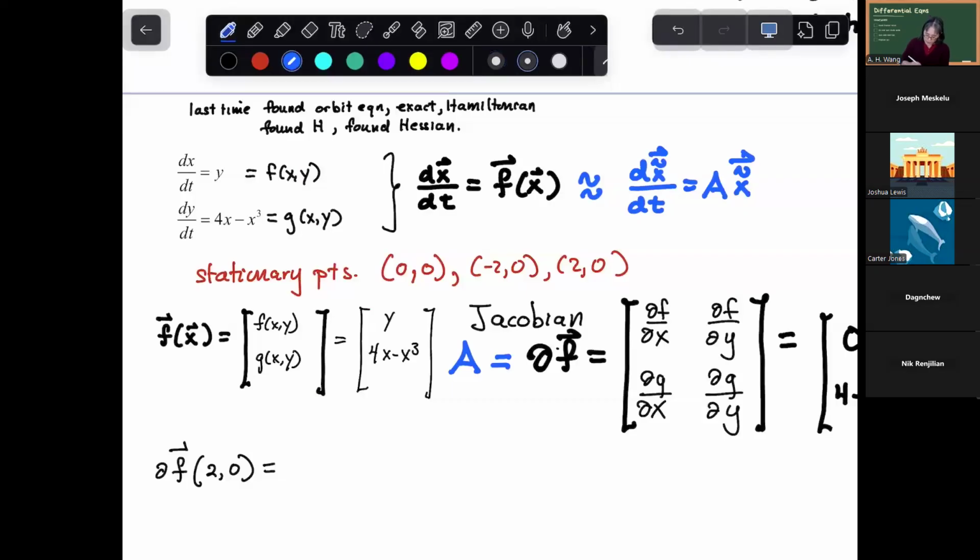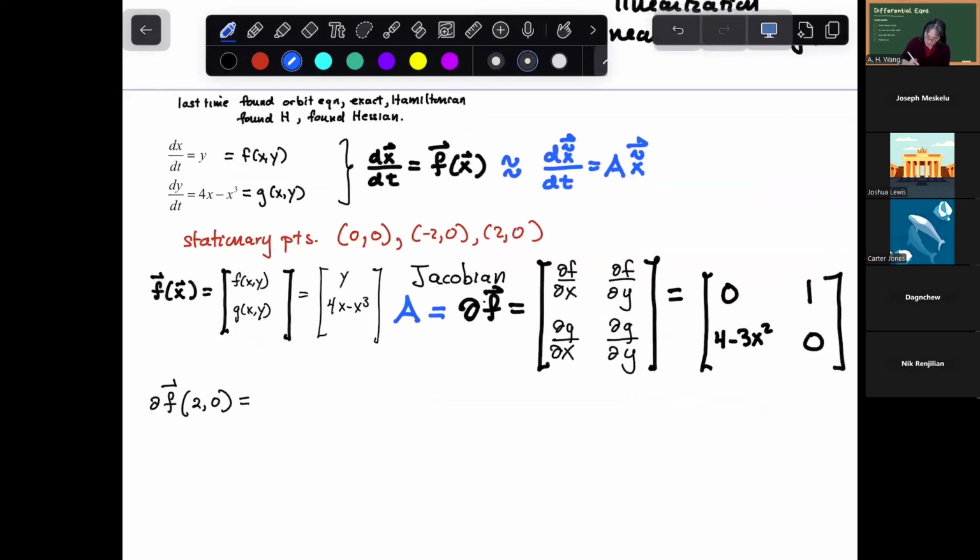So we plug it in, and that is 12. So 4 minus 12 is minus 8, and then this is 0. This guy is our A for this point right here.